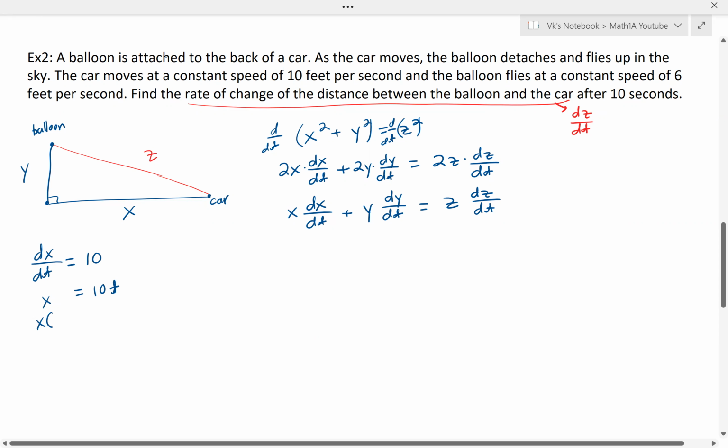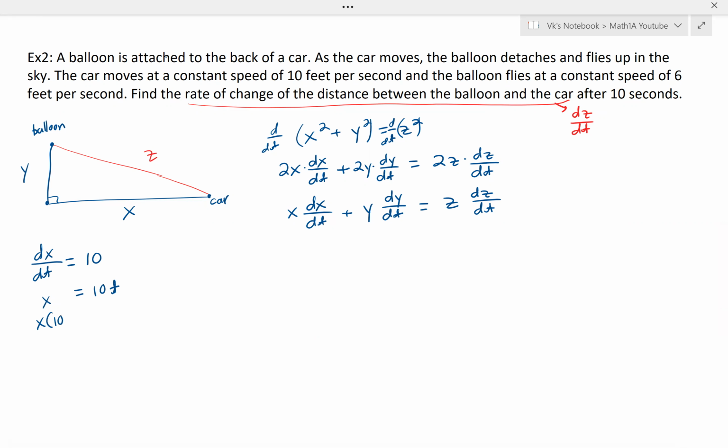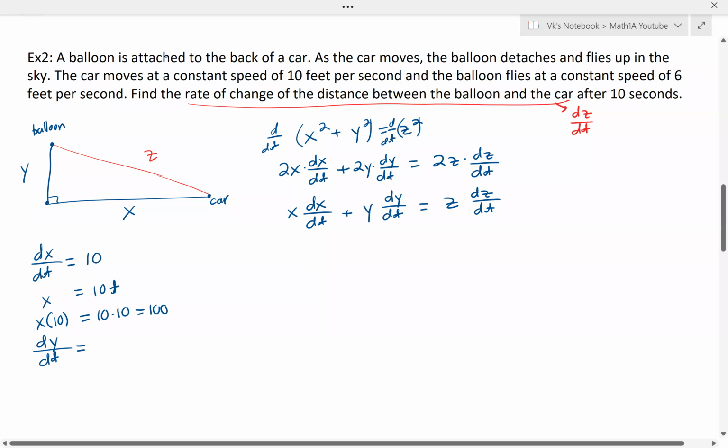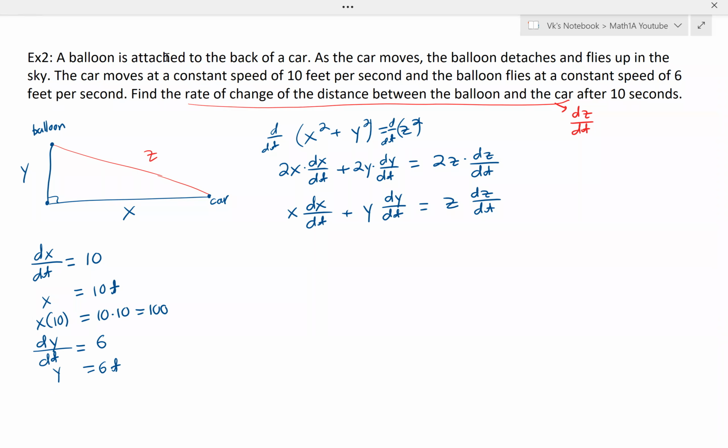So x at 10 seconds is 10 times 10, which is 100. Similarly, dy over dt: the balloon flies up at a constant speed of 6 feet per second. So y is 6t, and y at 10 seconds is 6 times 10, which is 60.